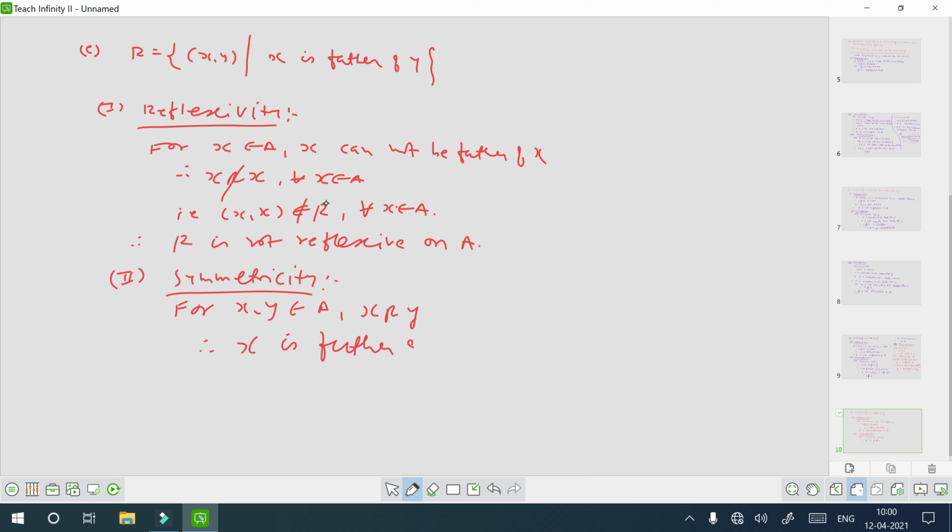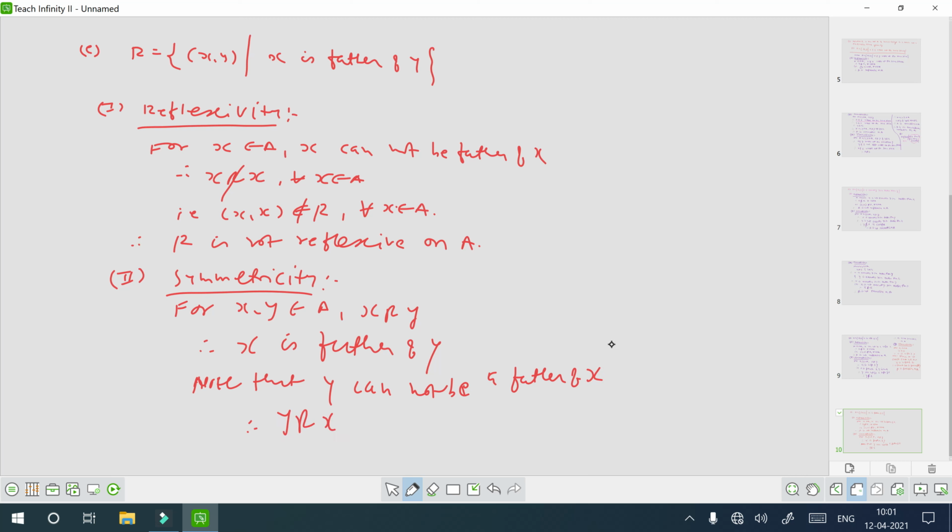That means y may be a daughter or son, but a daughter or son cannot be father of a person x, and it is not possible, and also y cannot be a father of x, and therefore y R x does not hold.